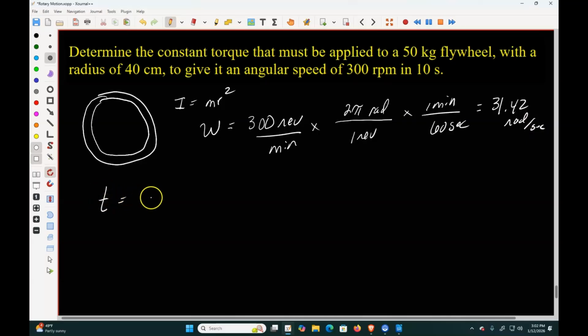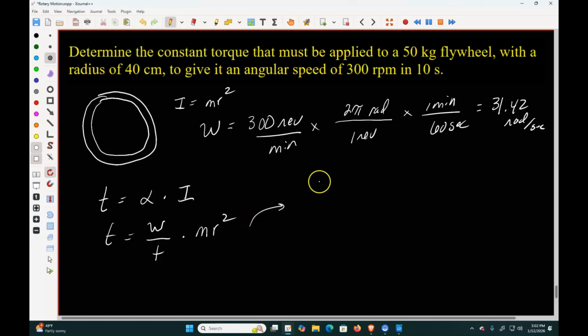So torque is equal to the angular acceleration times the moment of inertia. So the torque is going to equal the change in angular velocity over the change in time times mr squared.